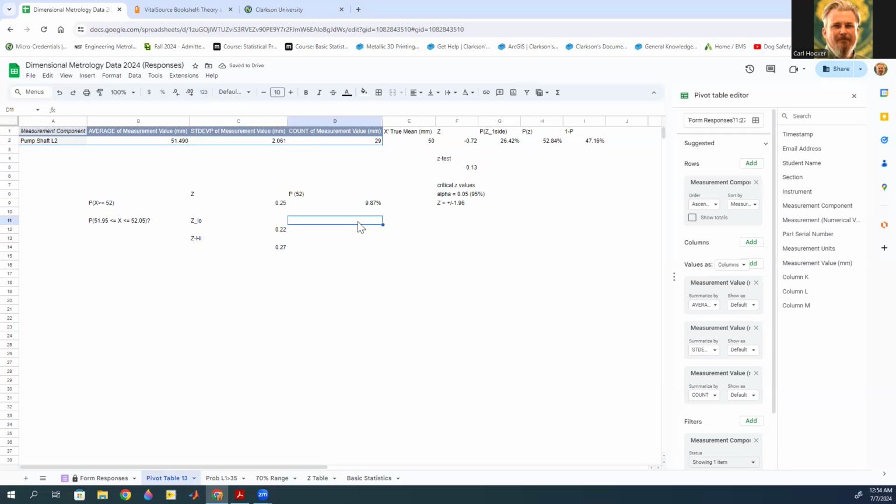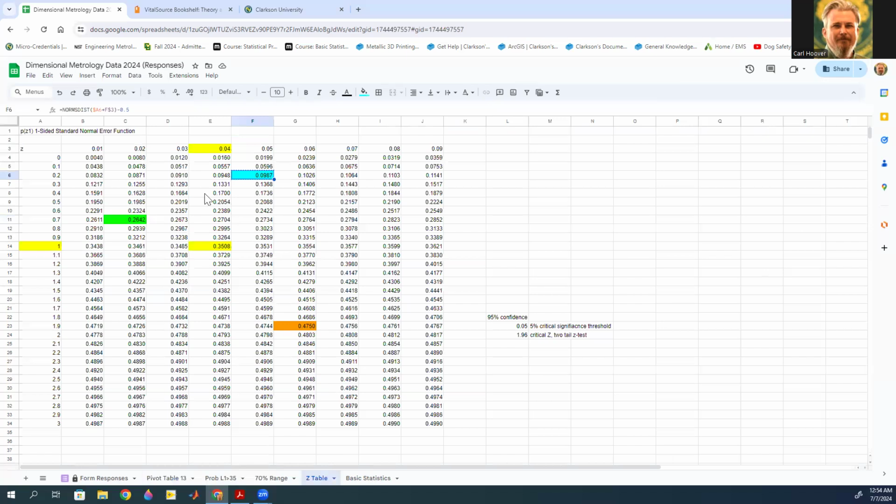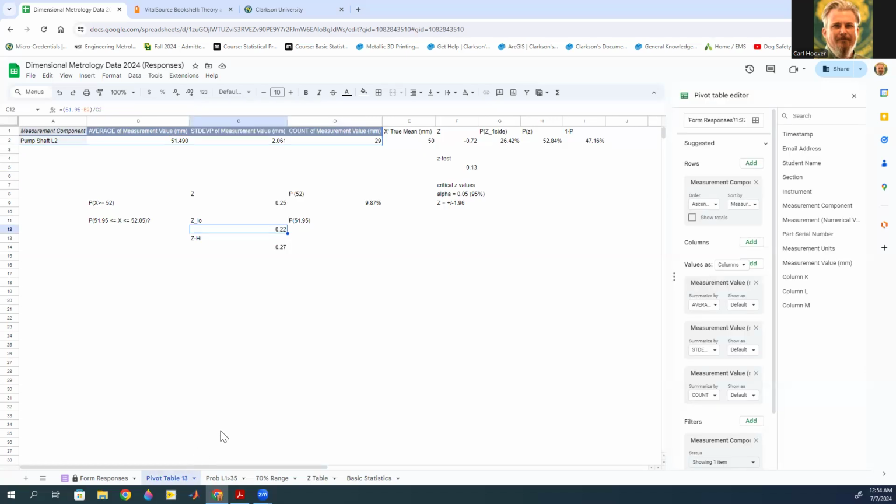So the probability for 51.95, we'll look that up on the Z table, 0.22, 0.22 right here. Put that back here.